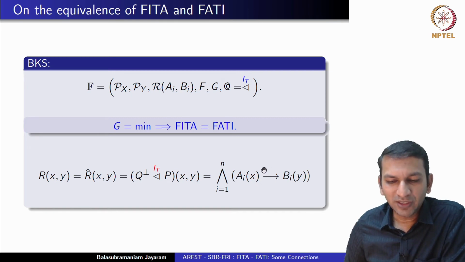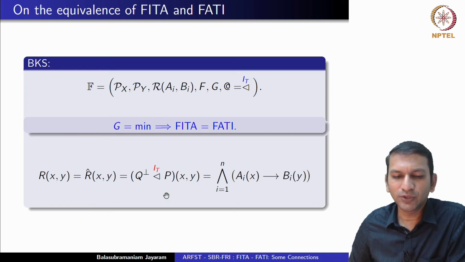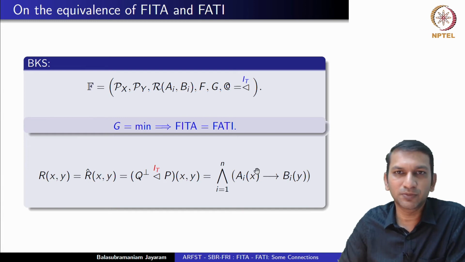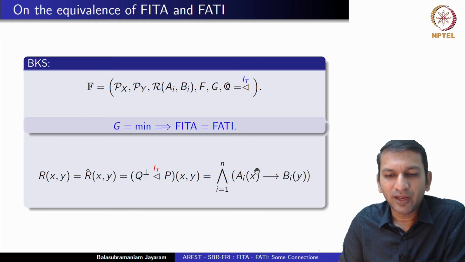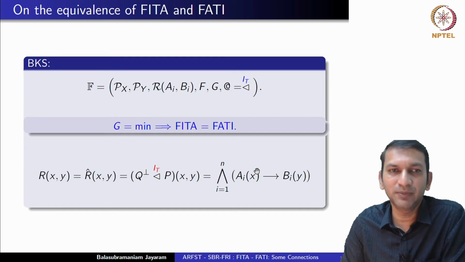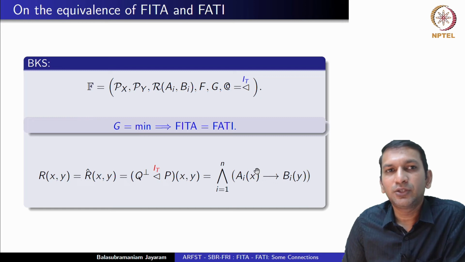As was mentioned, the operation F is in some sense inconsequential. Of course, in the case of R cap, that gets fixed to be the corresponding implication, the IT that we use. So in that sense, note that for interpolativity in the BKS case, we want that R check should be a solution, and if it is a solution, it should be the minimal solution. Whereas here we are asking for R cap. R cap is one of those relations which will lead to the FITA and FATI inference being equal.